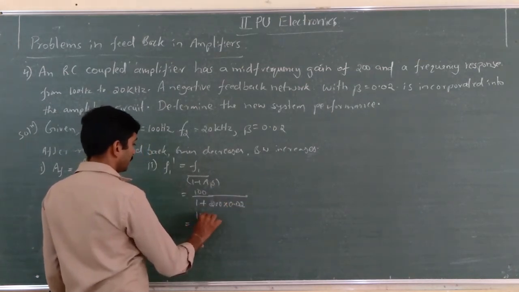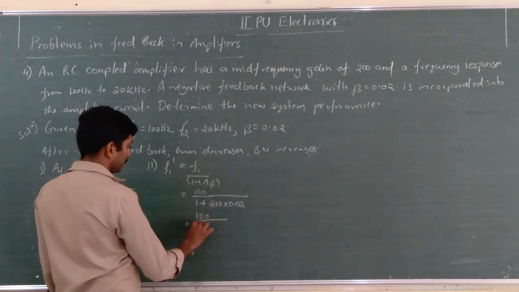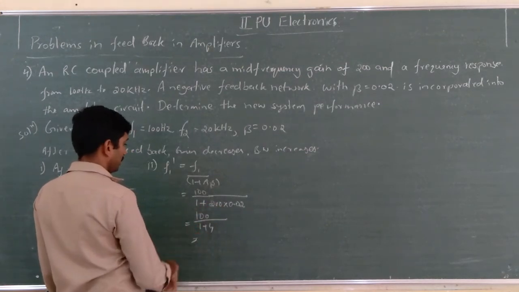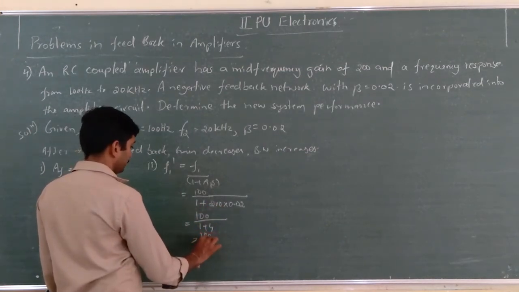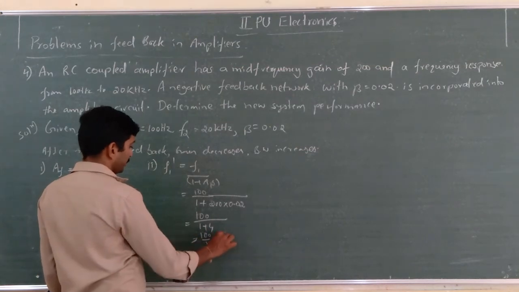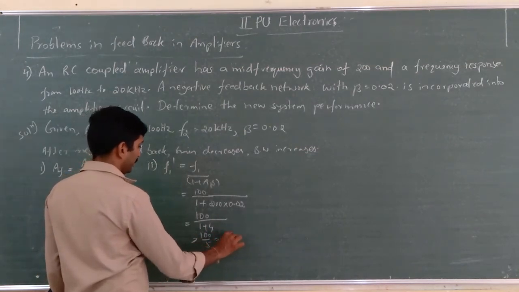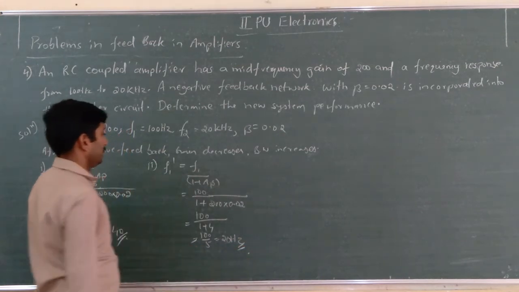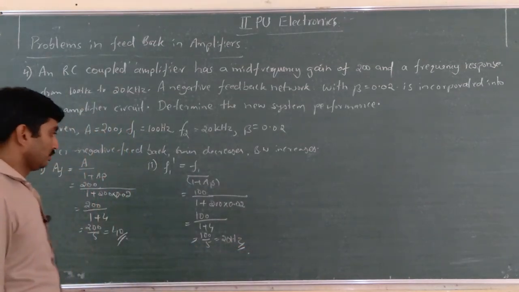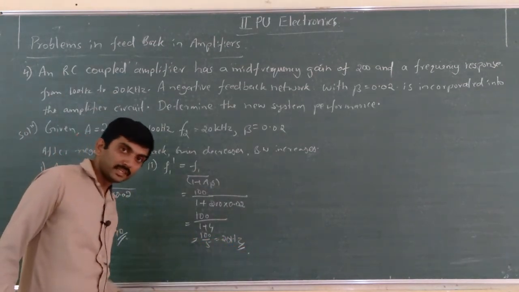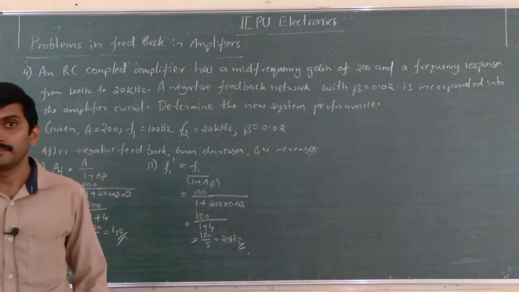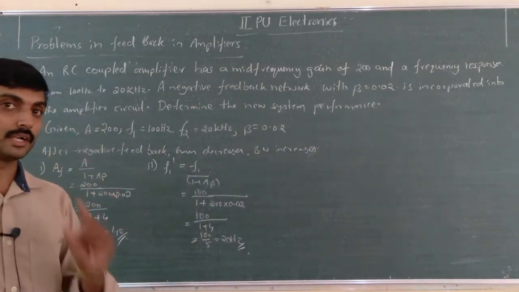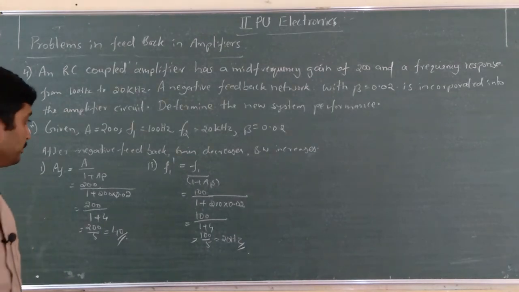So, 100 divided by 1 plus 4, 100 divided by 5 is 20 hertz. So, lower cutoff frequency is decreased from 100 hertz to 20 hertz.